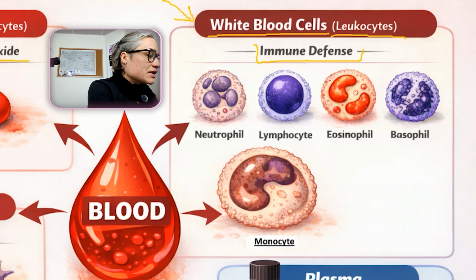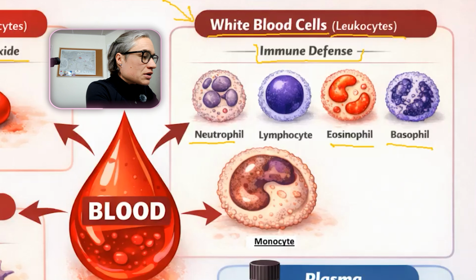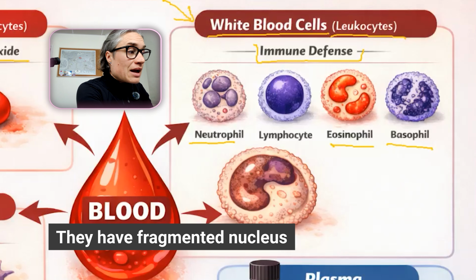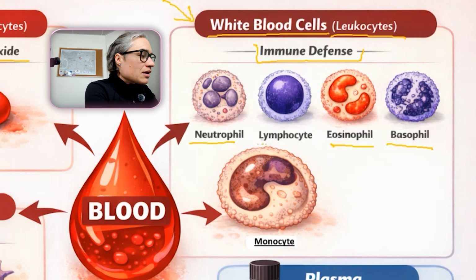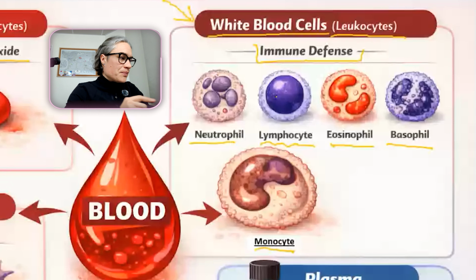The ones with a fragmented nucleus, the neutrophil, eosinophil, and basophil, where the nucleus has multiple parts. It can be totally disjoint, or sometimes a little bit connected, but the nucleus is not together. And we have the lymphocyte and monocyte, where the nucleus is more together.